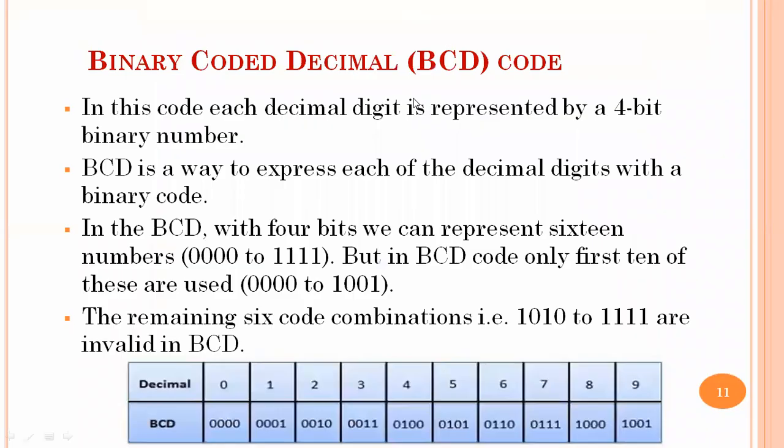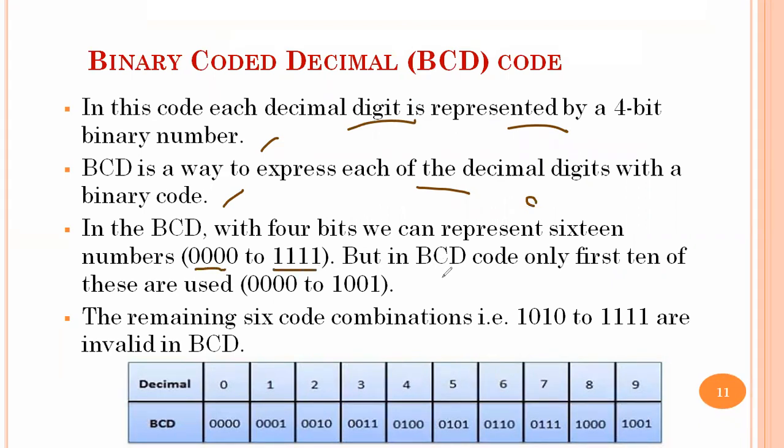Okay. Then we have the binary coded decimal. This is just the representation of decimal numbers in BCD. In this code, each decimal digit is represented by a 4-bit binary number, and BCD is just a way to express each decimal digit with the binary code. So basically, in 4 bits, we can move from 0000 to 1111.